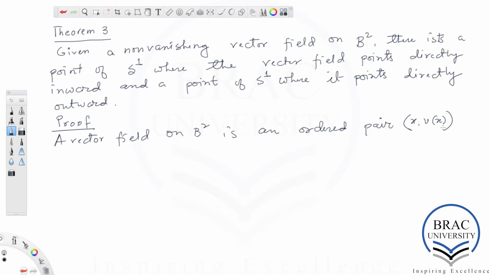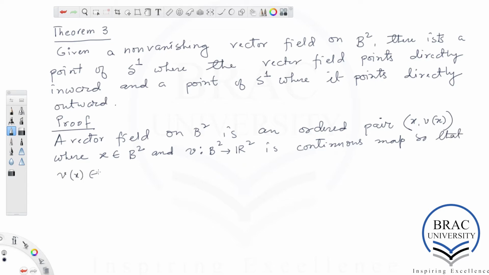The first component of this ordered pair gives the base point of the vector field, and the second component gives the vector attached to that base point, where x is a point on the unit ball in dimension 2, and V is a map from B2 to R2, and we want this map to be continuous, so that V(x) is in R2.